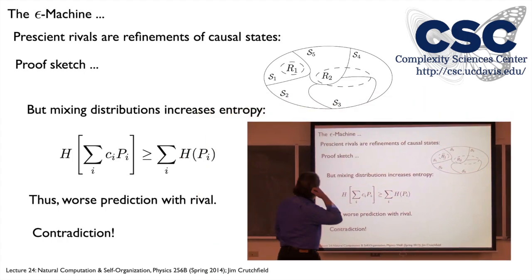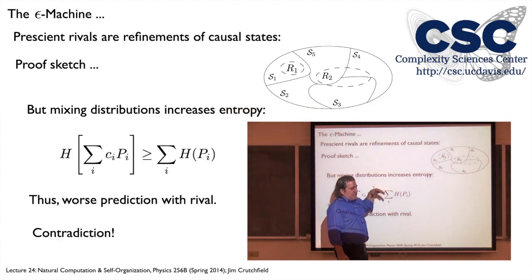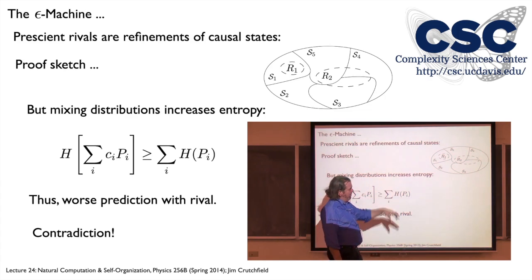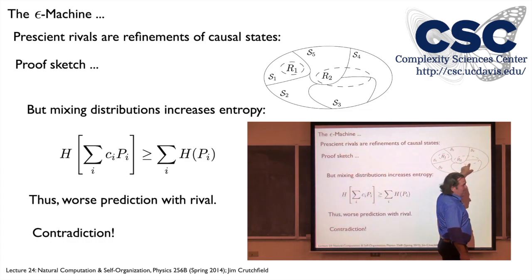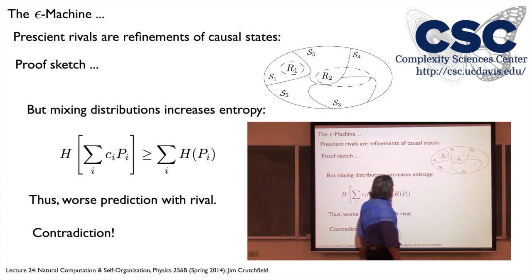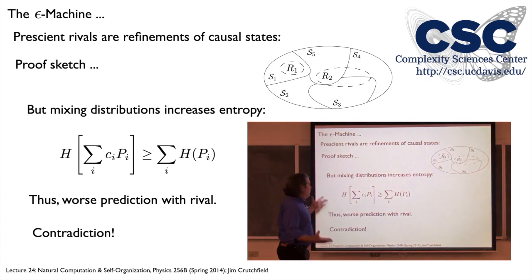Okay. The problem is that if you mix distributions, you increase the entropy. In other words, you make worse predictions. Again, R2 is ignoring distinctions between pasts that lead to different predictions, therefore you can't do any better. Or you do worse, I should say.